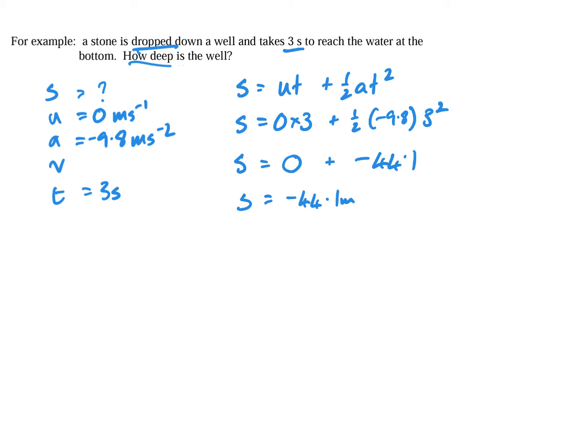That's what that negative sign tells us. It has a downwards displacement. But the question of how deep the well is, you wouldn't normally have a negative sign in front of that. So the depth of the well is 44.1 metres deep because the stone fell 44.1 metres going down the well.